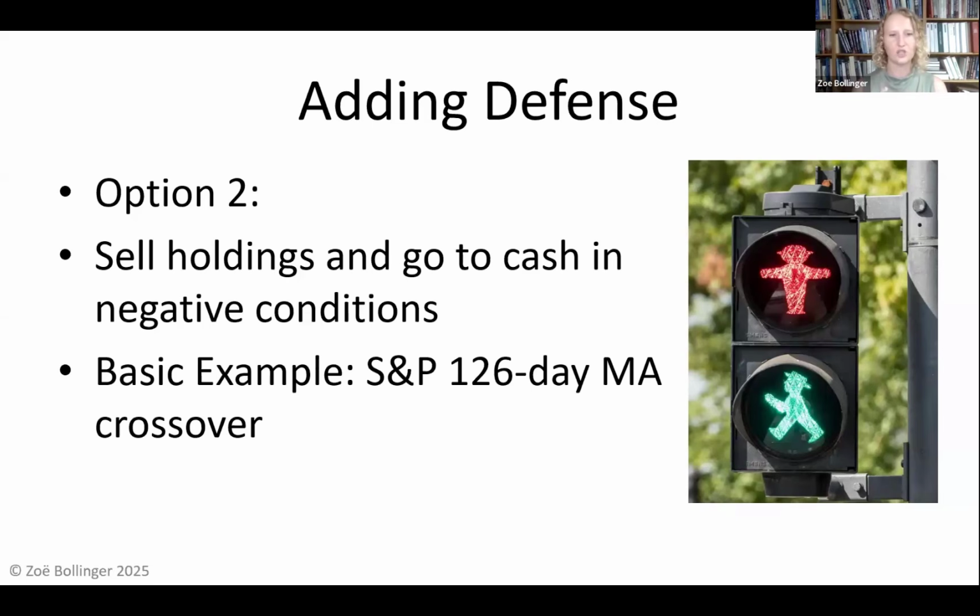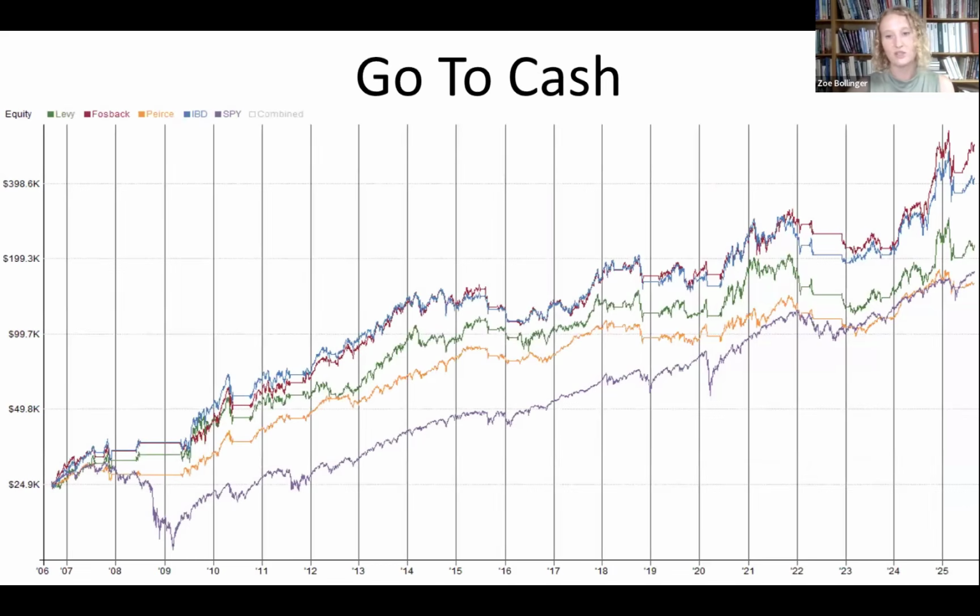Again, probably not the version that you would run in real life, but an example for demonstration purposes. And so this really smoothed things out. You gain a lot of value in that 0809 because you get out early and you stay out throughout. Cut out a little bit of the 2010 pullback, and you cut out a little bit of 2022 as well.